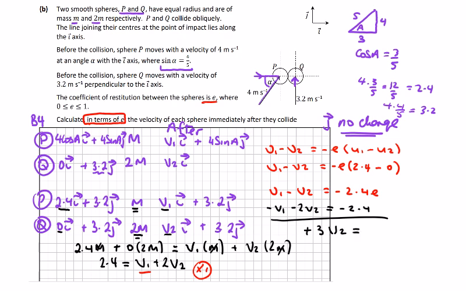So 3v2 will be equal to 2.4e plus 2.4. 3v2 is equal to 2.4 times e plus 1. And if we divide 2.4 by 3, we get 0.8. v2 is equal to 0.8 times e plus 1. I think that's right for v2.